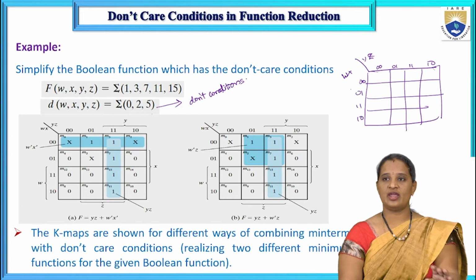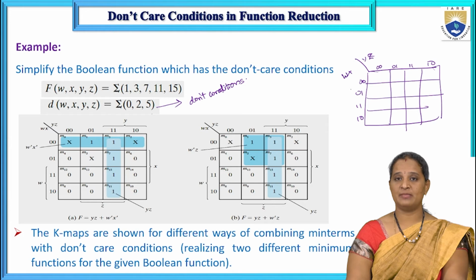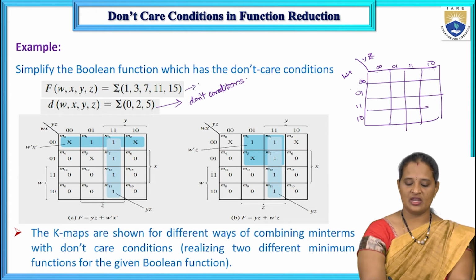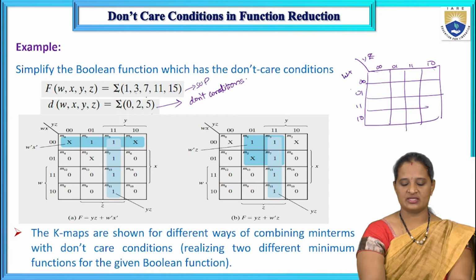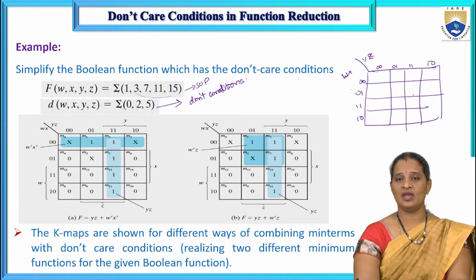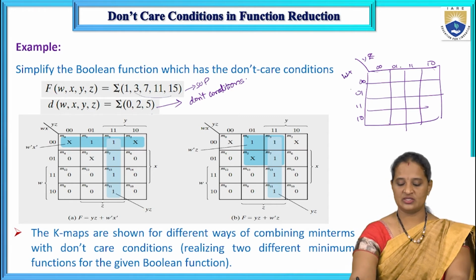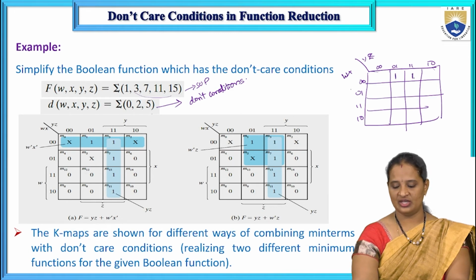Now, how can I map this? First, map the minterms for which the function output is 1, because it is given in SOP form. For all these respective minterms, place 1 in the K-map. So it is 1, next 3, next 7. Where is 7 here?